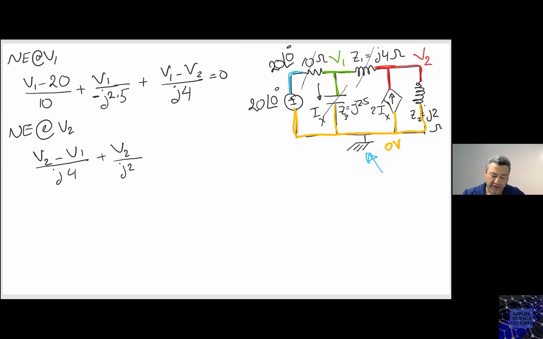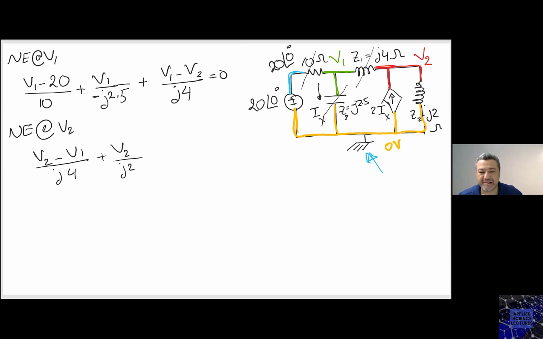Okay, so let's think of it this way. What is voltage divided by impedance? This is V2 minus V1 over J4. So this is voltage divided by impedance. What's this? That's current. Right? But you have the current ready. It is 2IX.